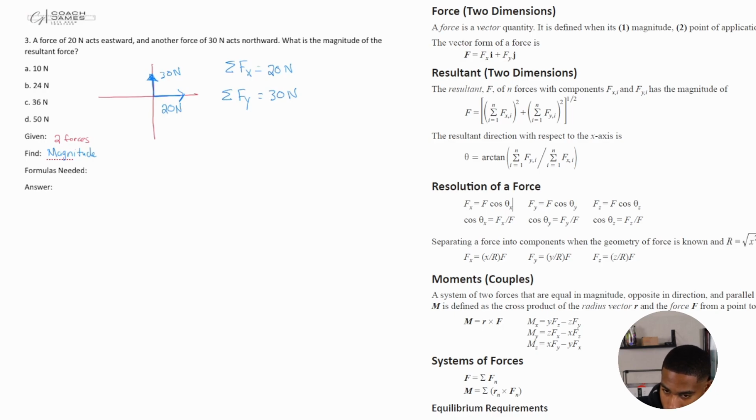And then the resultant should equal the square root of 20 newtons squared plus 30 newtons squared, which then equals 36.05 newtons, which is my resultant force, or the magnitude of the resultant force. And that is going to be C.